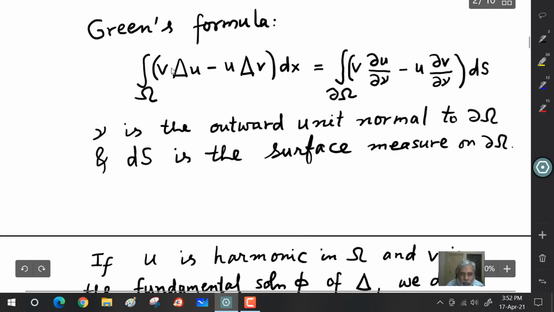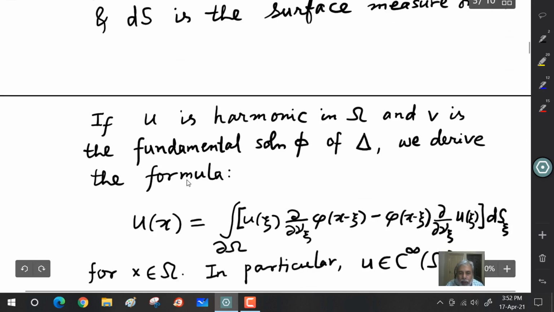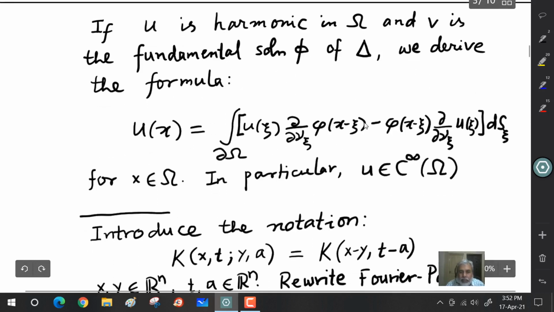So u is harmonic, so Laplacian u is 0, and Laplacian phi is also 0, but there is some, as you know, singularity in phi of x minus y.